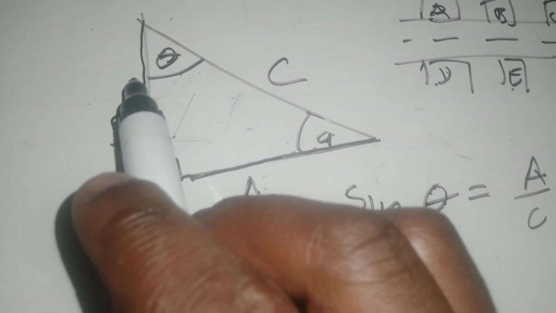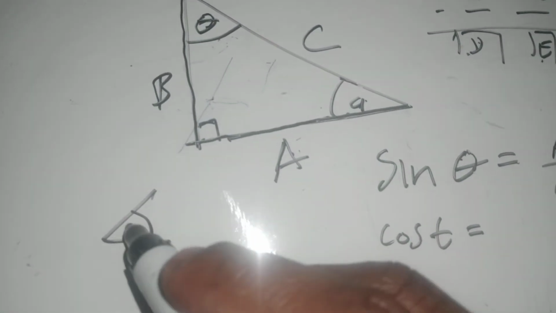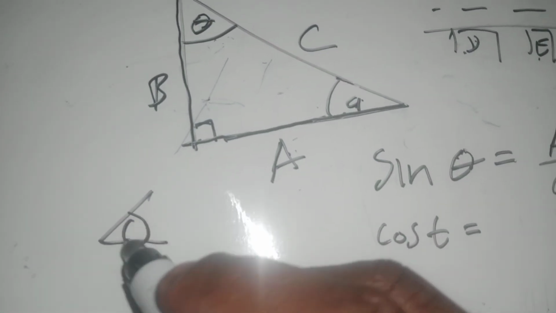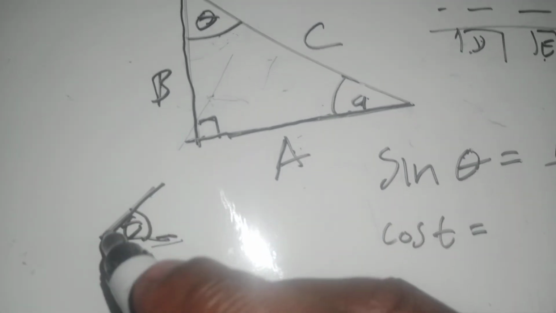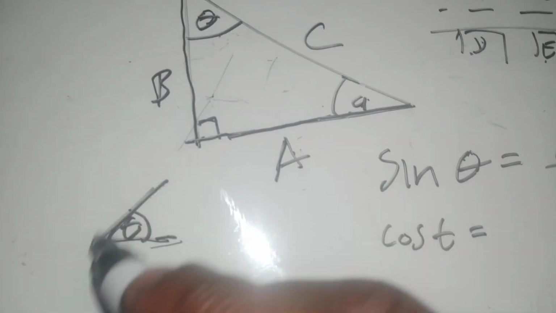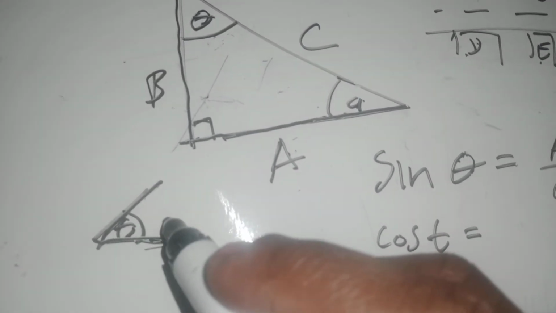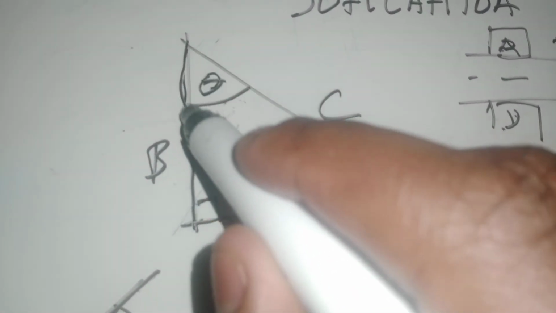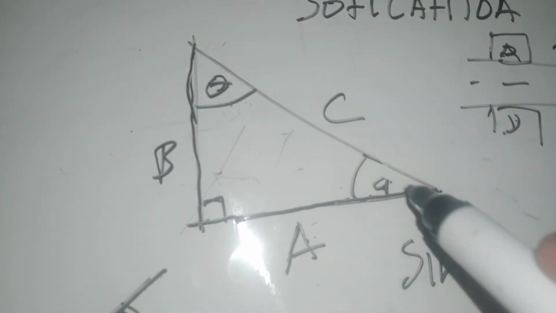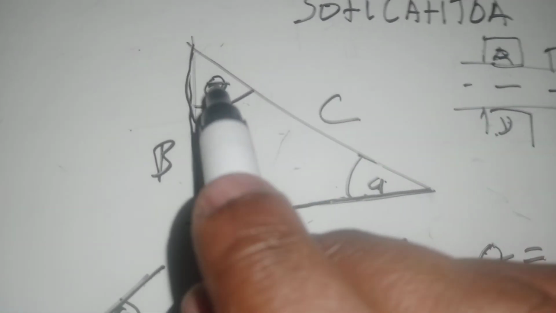It's this one, right? This angle is between two lines. Whenever an angle is between two lines in a triangle, one of the lines will be the hypotenuse and the other one will be the adjacent. The side that the right angle is directly facing is the hypotenuse. So this angle is between this line and this line, and of course this one is the hypotenuse, so the other one is adjacent to this angle.